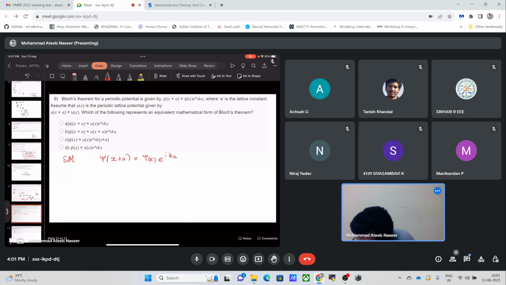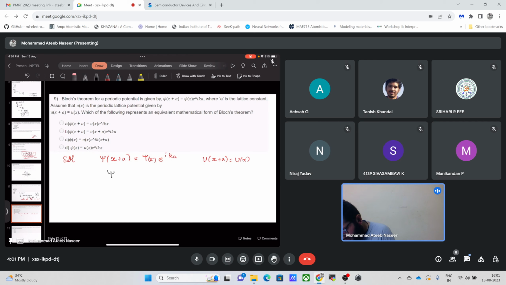Now for this kind of a problem, we have been told that u of x is also periodic in nature. This u of x is the periodic potential that we have seen previously. As a result u of x plus a is u of x, so this makes our life easier for these periodic kind of things. Now we can say that psi of x is also equal to, let's calculate for psi of x plus a first.